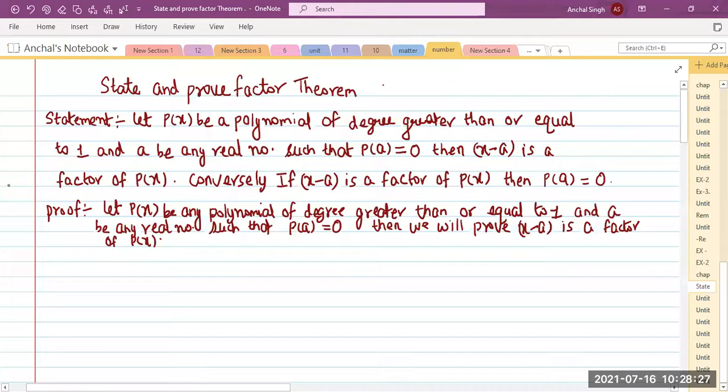तो सबसे पहले देखो, because it is again based on division, and in this statement nothing is said about quotient. तो सबसे पहले हम quotient consider करते हैं यहाँ पर.